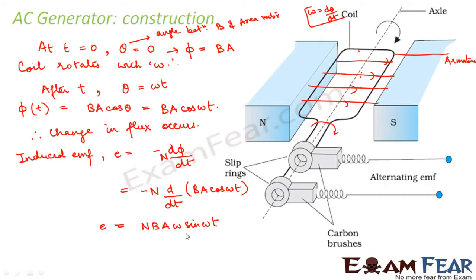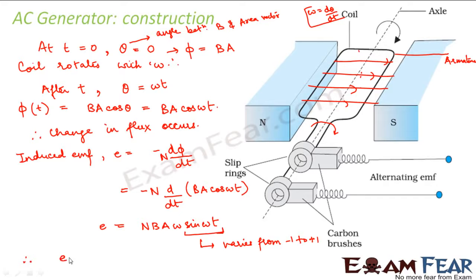Now looking at this, we can see that sin omega t is a periodic, sinusoidal function. So sin omega t will vary from minus 1 to plus 1.